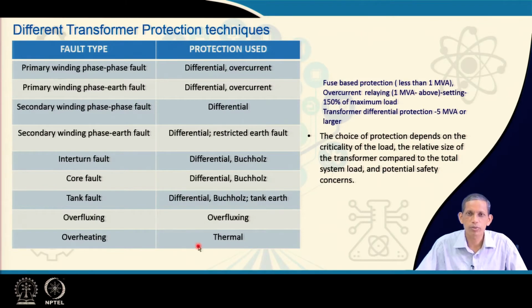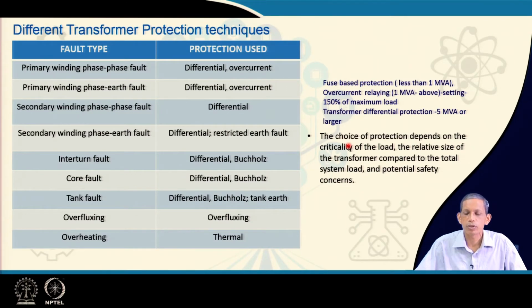Overheating is a thermal issue, so temperature sensing and so on should be there for protection. Note that for all these objectives, there are different protection schemes available in transformers. Fuse is a very basic module; fuse-based protections are widely used for power transformers of smaller rating.